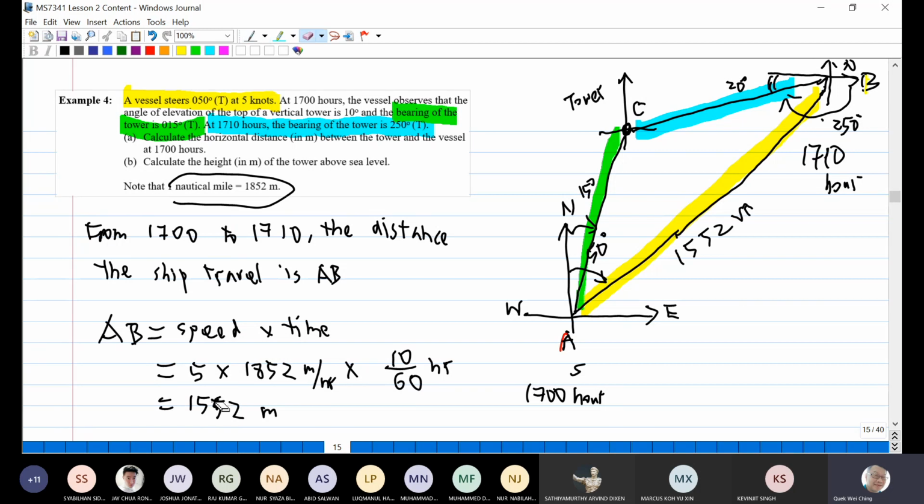Thank you very much. So 1543 meters is the distance the ship travels from 1700 to 1710.